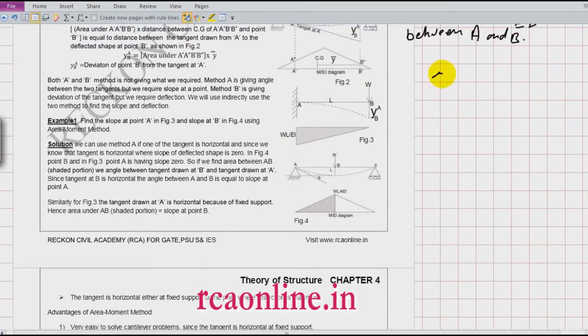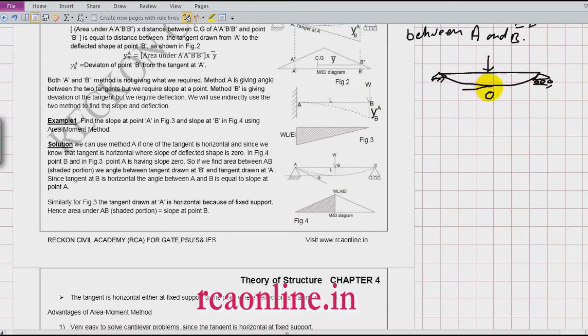Let us say this is my beam, which is symmetrical. Then its deflected shape will also be symmetrical, and the slope at the center will be 0.